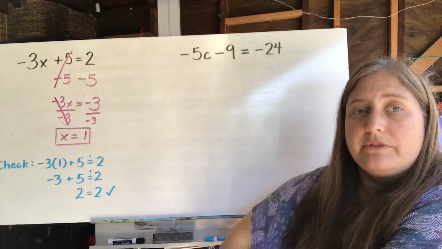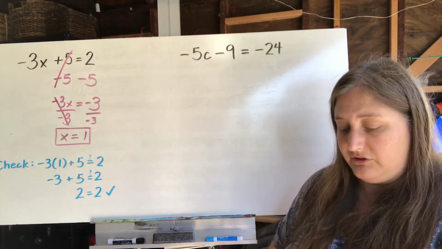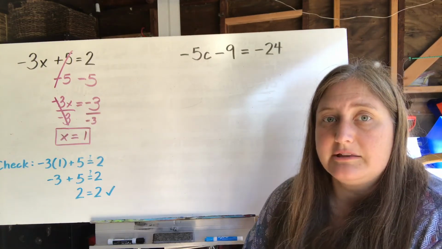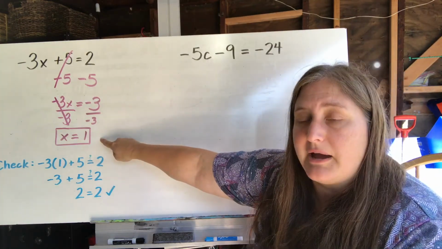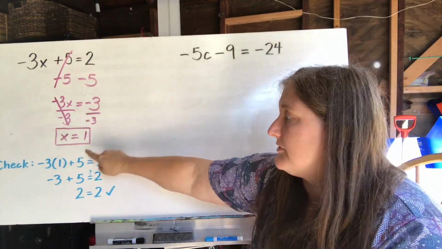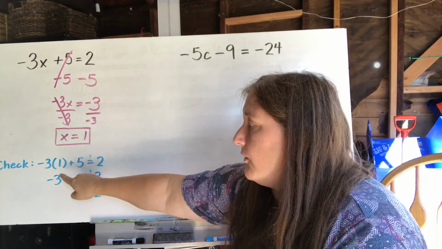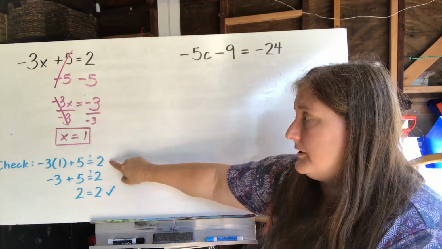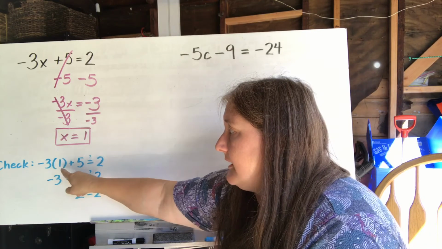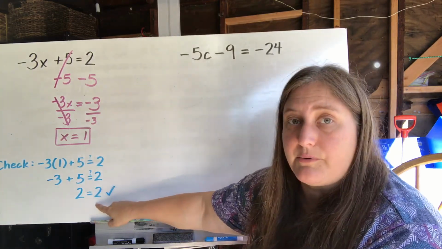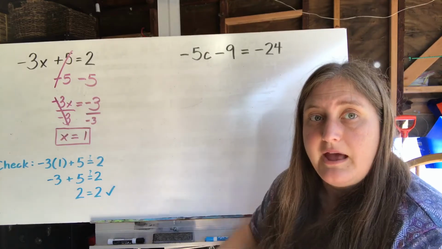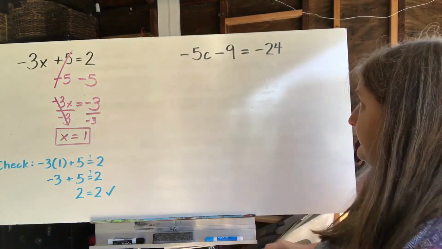Now, before I know that answer is correct, I'm always going to check it. And the way I'm going to check is by plugging that solution of 1 back into my original equation in place of the x. So I'm hoping for this answer of 2 here. So negative 3 times 1 is negative 3, plus 5 does give me 2, the answer I want, so it checks out.